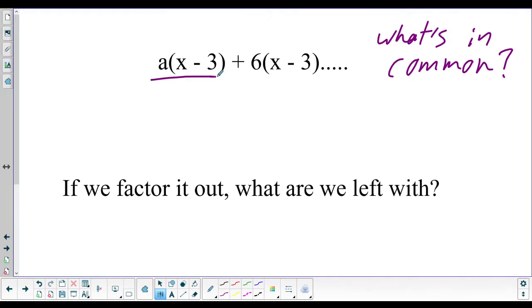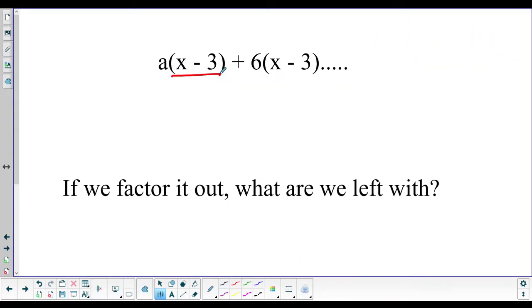What's the thing that's here that's also here? X minus 3, Mr. Barton. Oh my gosh, you're so smart. So we're going to factor out x minus 3. We put the thing we're factoring out in front, and then we divide both terms by the thing we're factoring out.